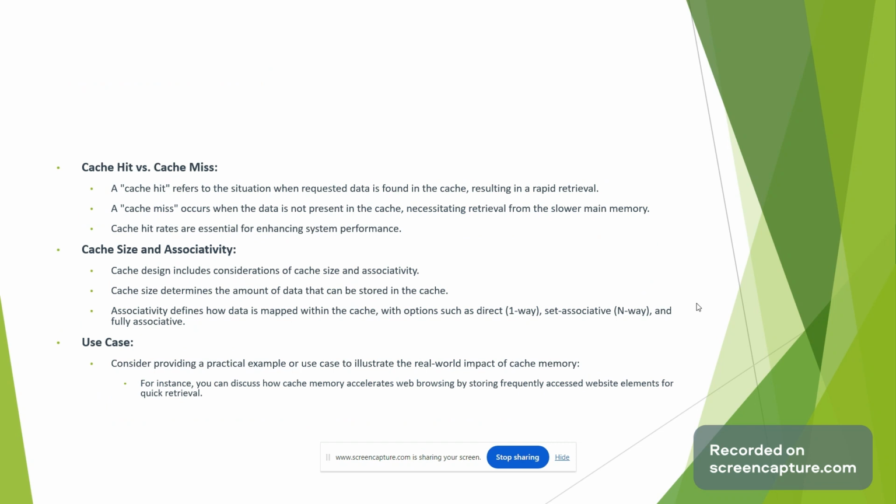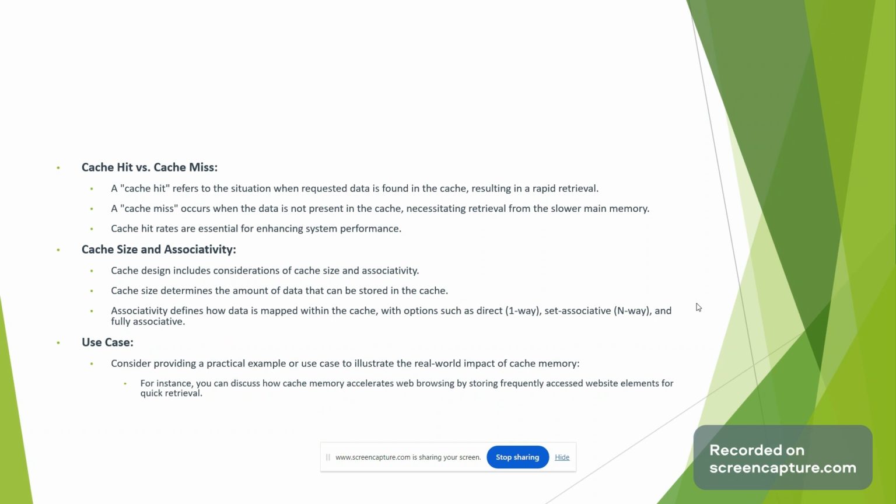If we can understand the user and make sure the data is in the cache, then it will be faster. But if the cache memory doesn't have the data that the user uses, then the use of cache memory becomes non-existent, because the data that the user is trying to retrieve will not be found in the cache memory. So cache hits are very essential for good performance of the computer.